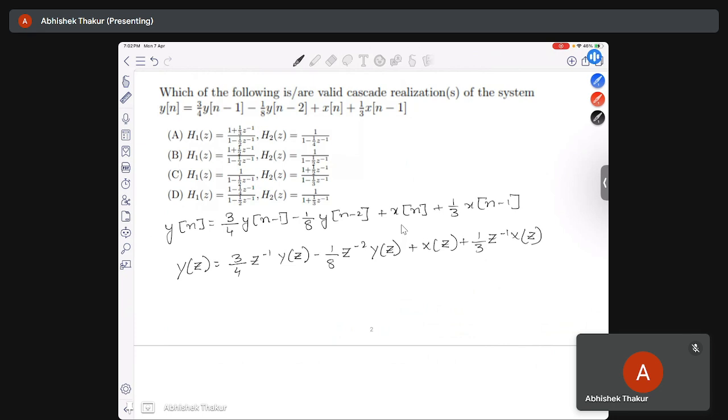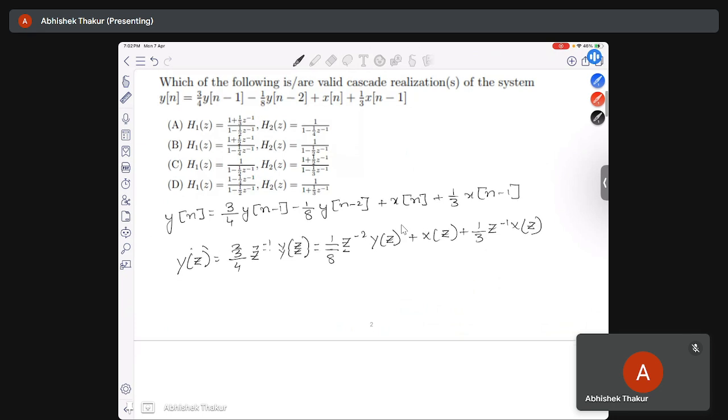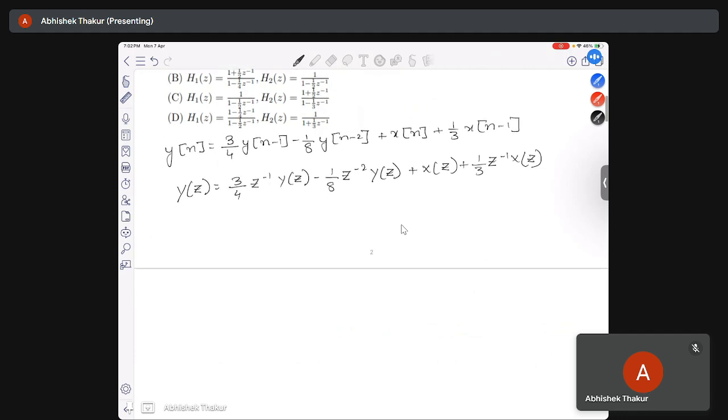Now we will separate out the term Y(z) on the left-hand side and X(z) on the right-hand side. So we will get Y(z) - 3/4 z^-1 Y(z) + 1/8 z^-2 Y(z) = X(z) + 1/3 z^-1 X(z).